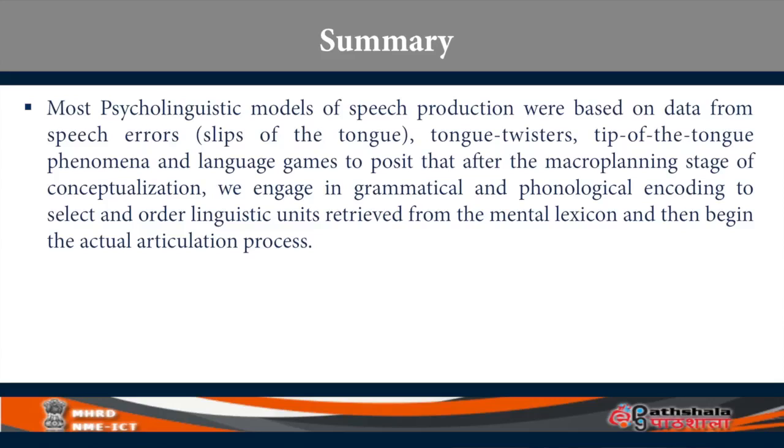We move on into slightly more micro planning of grammatical and phonological encoding, and then we articulate that sentence. The nature of that flow of information from conceptualization to articulation, initially they thought it was unidirectional, top down. We conceptualize, go through grammatical and phonological encoding and we articulate.